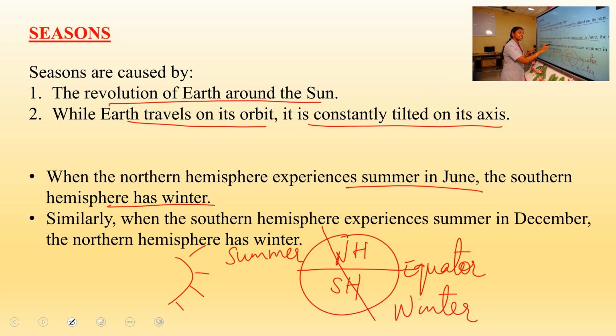Similarly, during the month of December, the southern hemisphere is facing the sun. So there they will experience summer, whereas for us in the northern hemisphere, it will be winter.